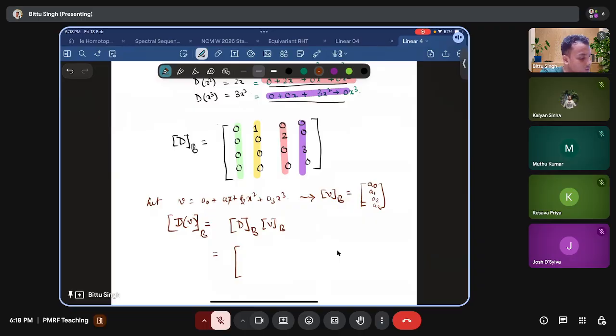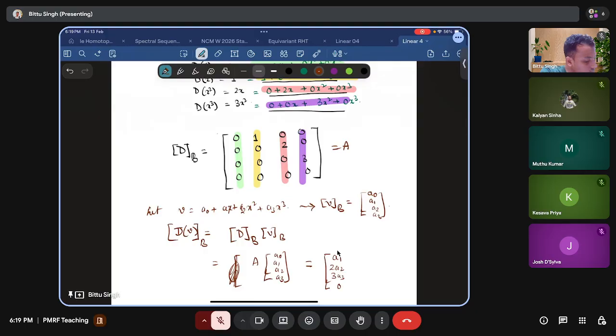So if we multiply, it simply becomes a1, then 2a2, then 3a3, and 0.